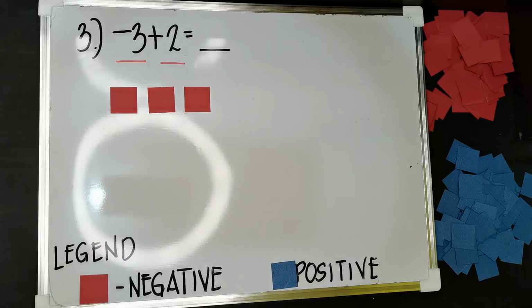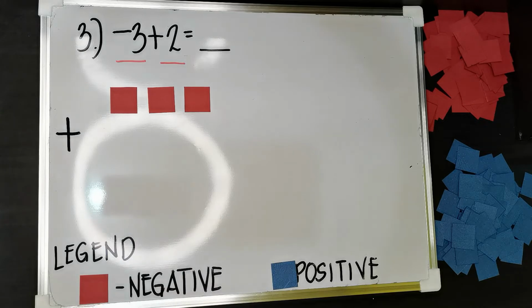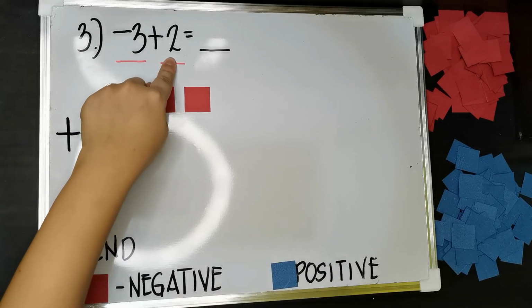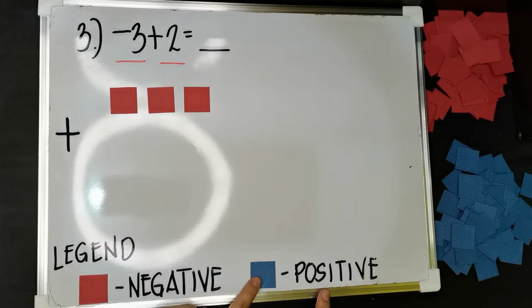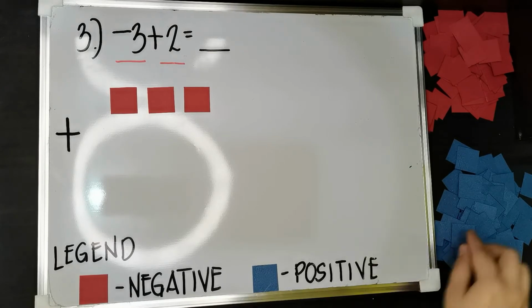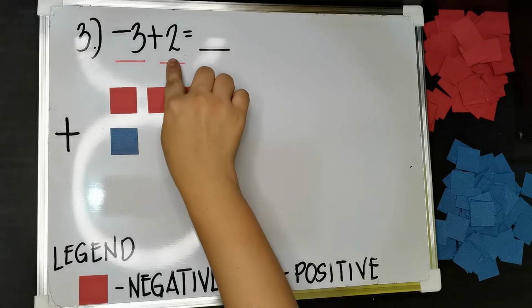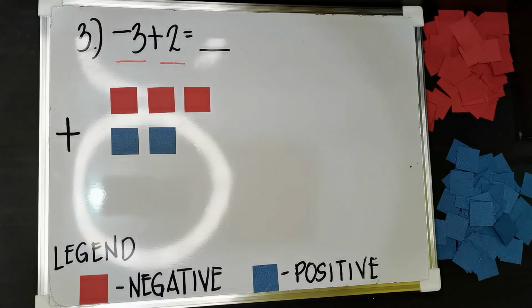Okay, to be added by plus 2. So, as you can see, 2 here is positive. So, I'm not going to use red because for my positive, ang sign tile ko, ang color ay blue. So, I'm going to use blue sign tiles here. And since this is positive 2, I'll be using 2 blue sign tiles.